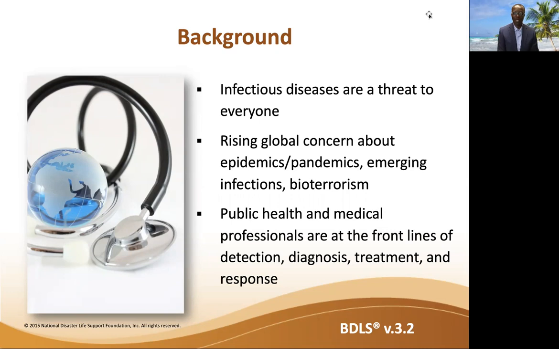Whereas a pandemic is an epidemic that has spread through human population across a large region, such as influenza. Emerging infections are infections that are newly recognized as occurring in humans, although they can also affect animals and plants.